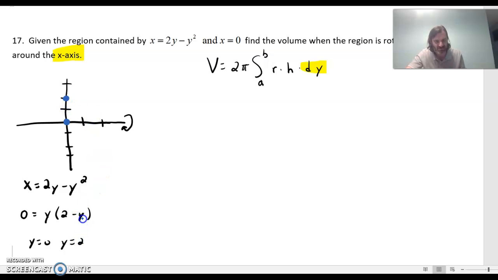And I believe this thing goes out to, let's see, I'm not exactly sure how far out it goes. I believe it's 1. So when y is 1, we will get x being 1. Yeah.